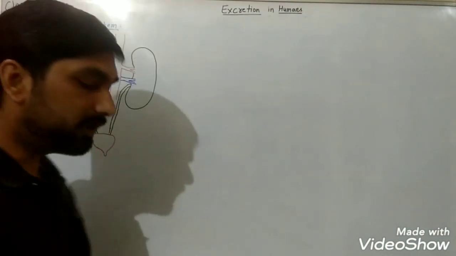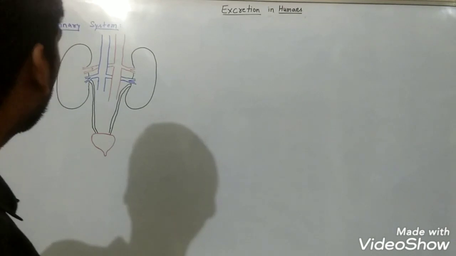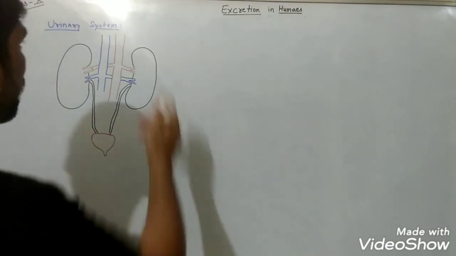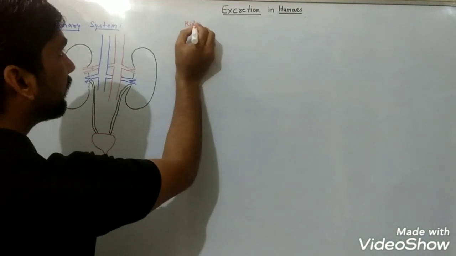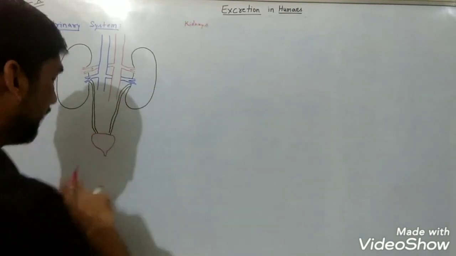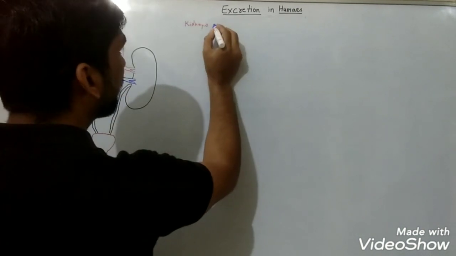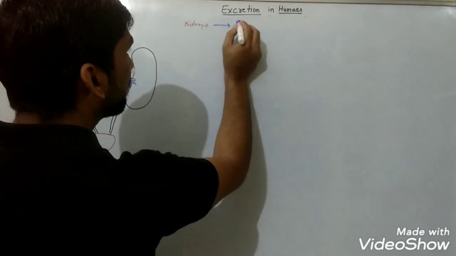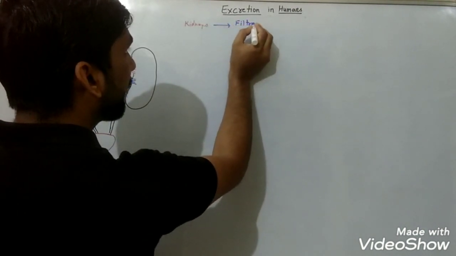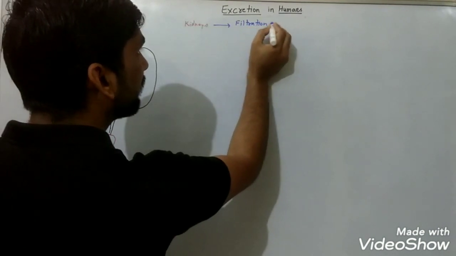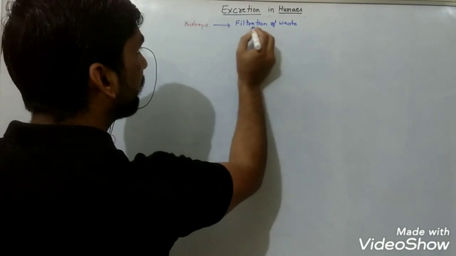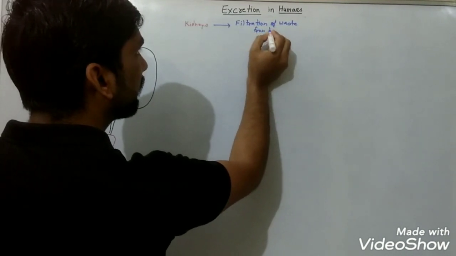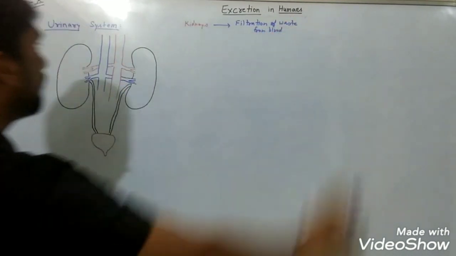So basically in the urinary system of human beings, kidneys perform the function of filtration of wastes from blood.